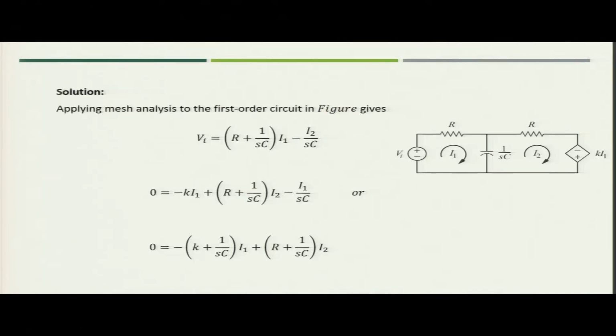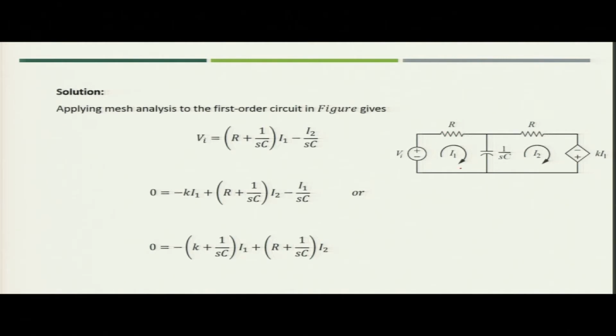So, what we have to do? We have to first use mesh analysis and write the equations for these two loops. For the first loop, what you can write? Vi is nothing but R plus 1 by Sc, both are in this particular loop, into I1.